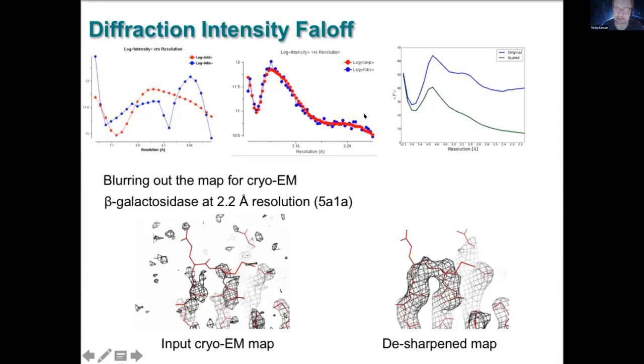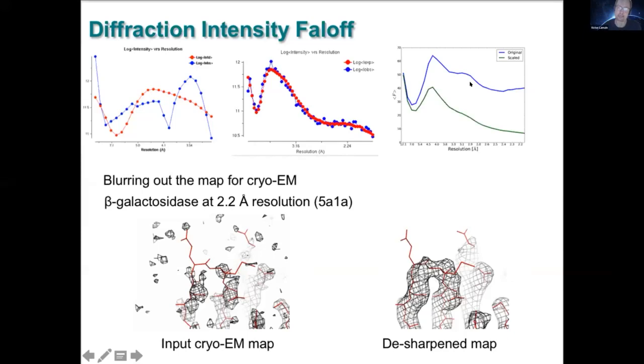But sometimes we have seen the following: the data normally fall down as the resolution increases, and this curve goes almost horizontally. You would suspect the structure would diffract to almost the resolution of small molecules.